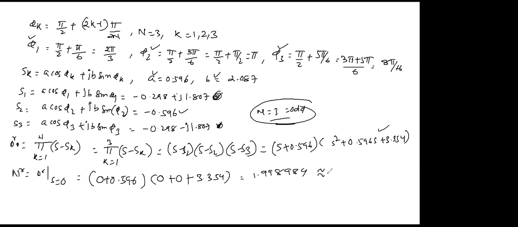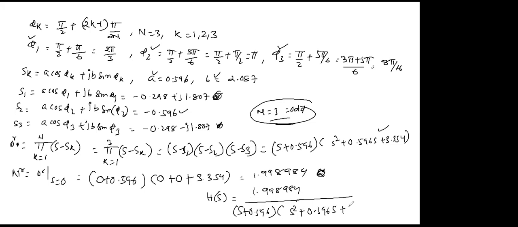Not required to round up. This is a. Then what is your H of s transfer function? Numerator by denominator, that is 1.998984 divided by (s plus 0.596) multiplied by (s square plus 0.596 s plus 3.35). Is it clear to all of you?